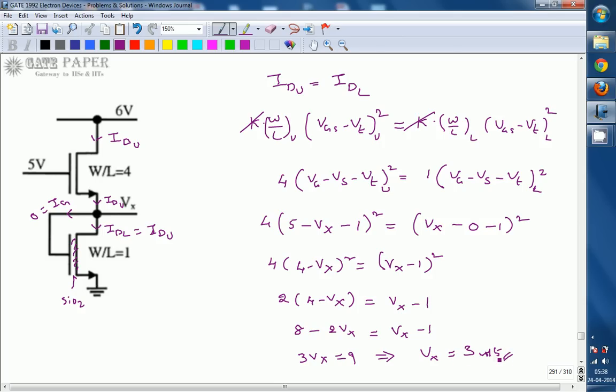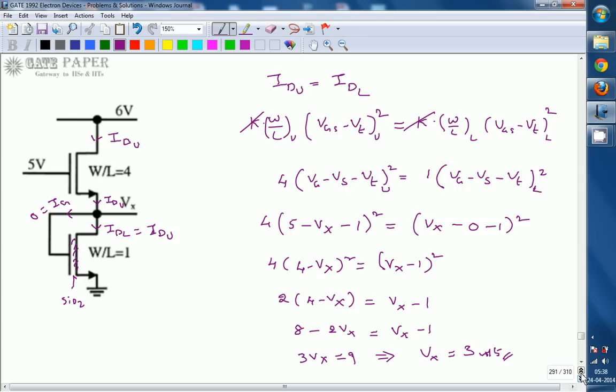You cannot take the square root of 4 as minus 2, even though the square root of 4 can be either plus 2 or minus 2, but you should consider only plus 2, otherwise Vx will be negative. For an NMOS transistor, the drain voltage cannot be negative, so you must always consider the positive sign for the square root of 4, so we have taken it as plus 2. So Vx is equal to 3 volts.